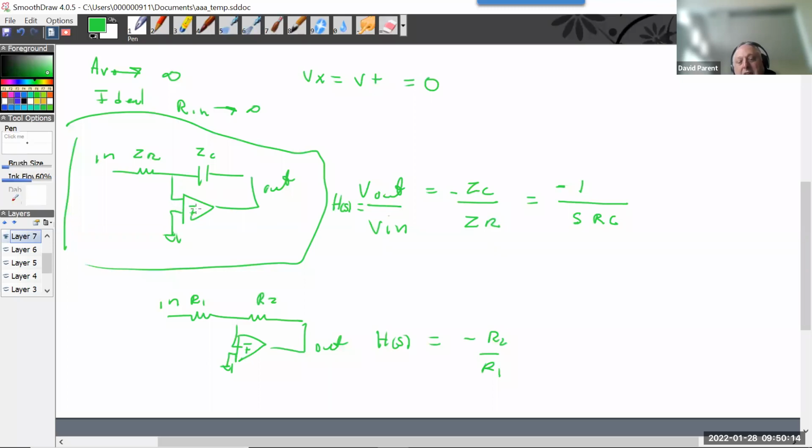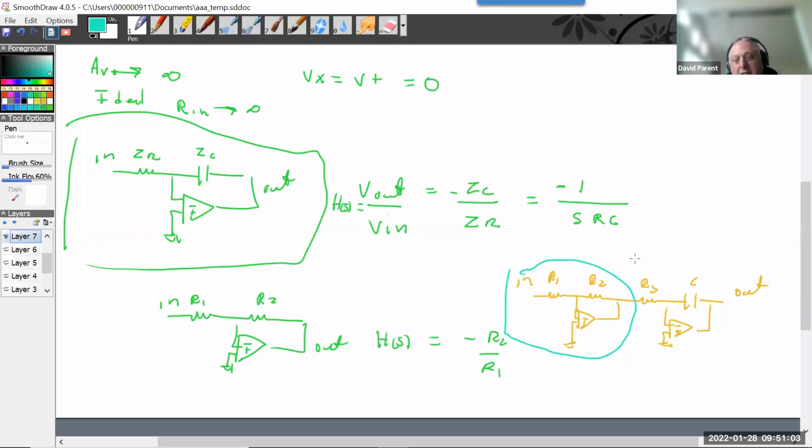And because op amps isolate things from each other, if I have this circuit, well, I know that this is minus R2 over R1.